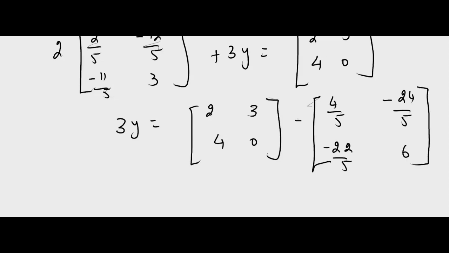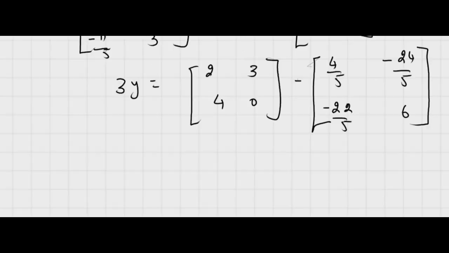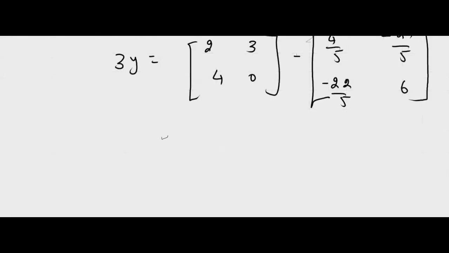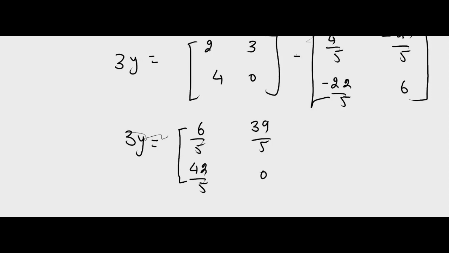Now on subtraction and simplifying this, we would get 3y is equal to [6/5 39/5; 42/5 -6].